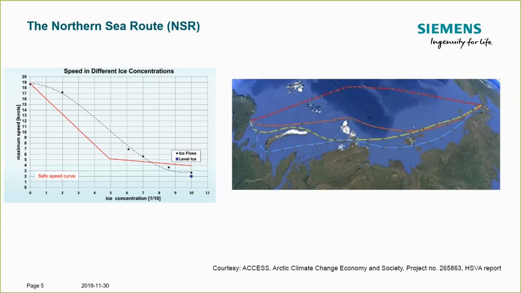So you can see here that for a sea ice concentration, for the example of a tanker, if there's no ice, it would go about 18 knots. And then as the ice concentration increases, this speed dramatically decreases to account for the additional resistance, but also structural safety concerns.